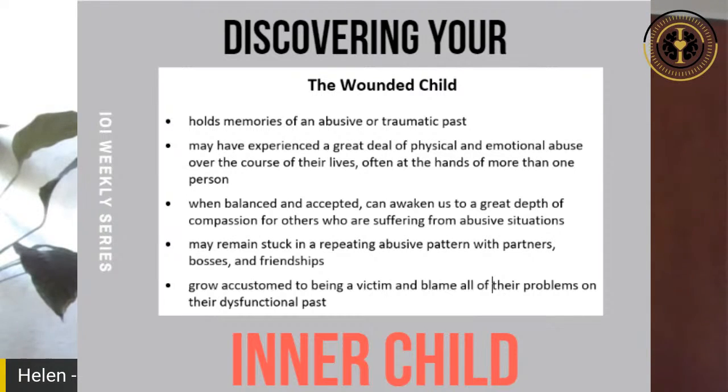However, when they're still feeling the effects of that themselves through their inner child, they can be stuck in this pattern of repeating abuse with either their partners, their bosses, or even their friends, and they can actually play the victim and blame all their problems on their dysfunctional past.